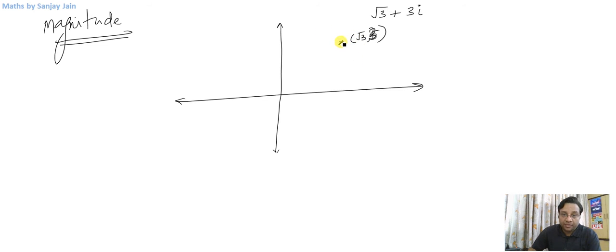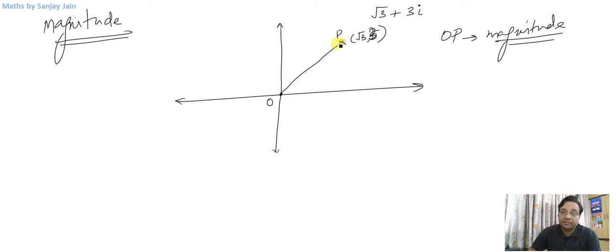Now the magnitude is this length. If I join this point O, that is origin, with this point, let us say P, this length OP will give me the magnitude. And how do I find this magnitude?